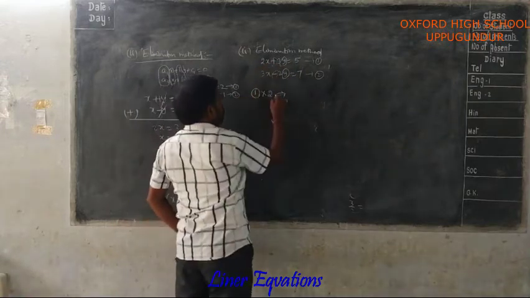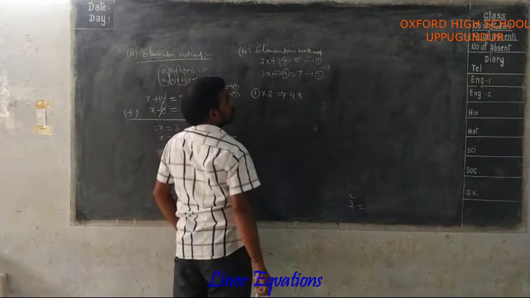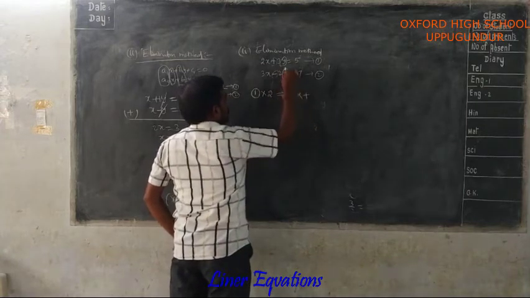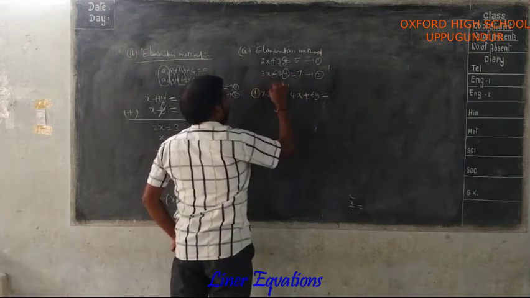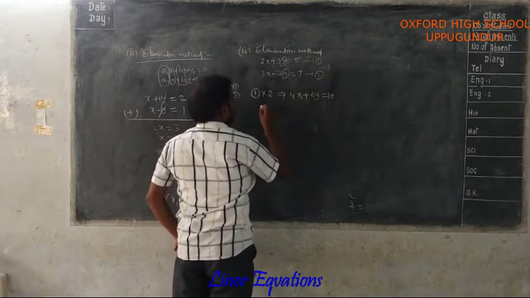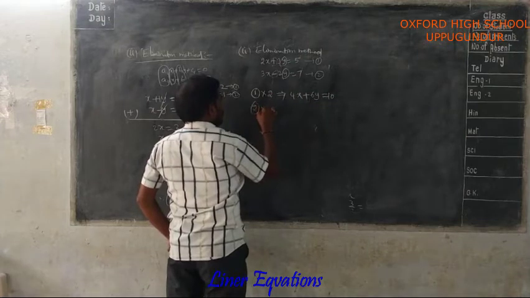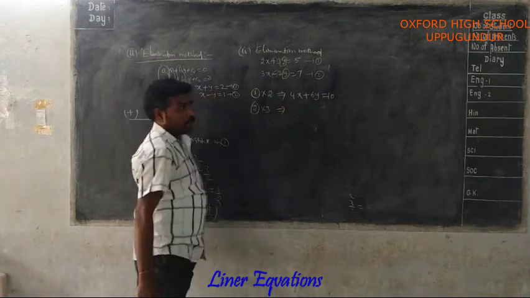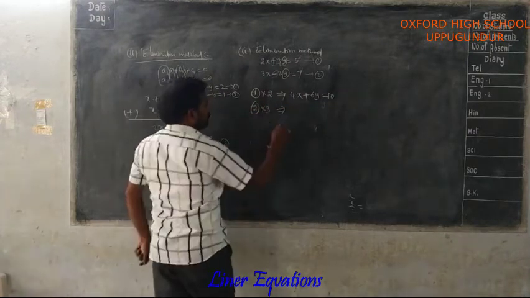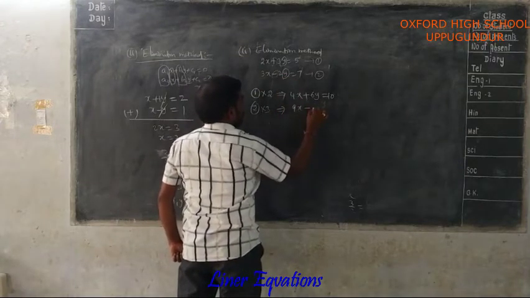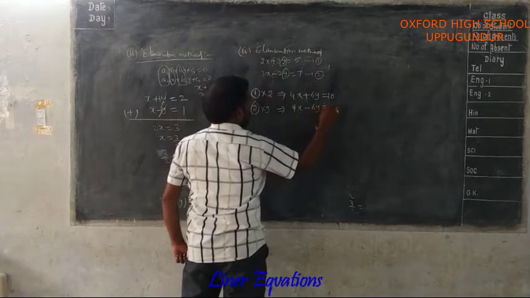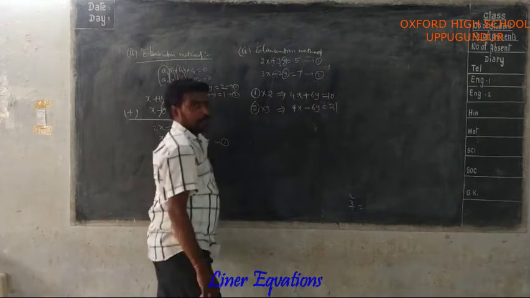So 2x into 2, 4x, plus 3y into 2, 6y, equal to 2 into 5, 10. Second equation into 3 implies 3 into 3x, 9x, minus 3 into 2y, 6y, equal to 3 into 7, 21.